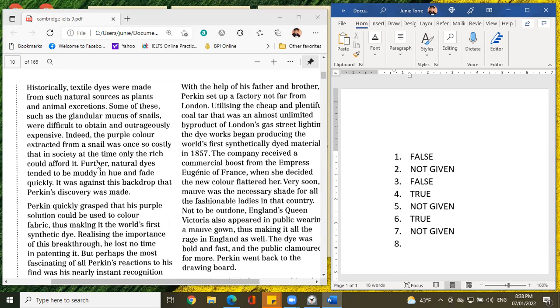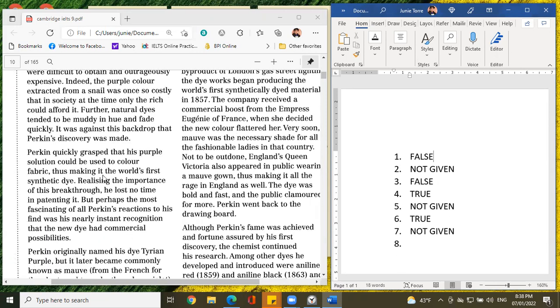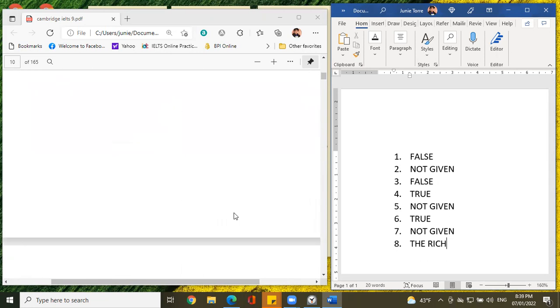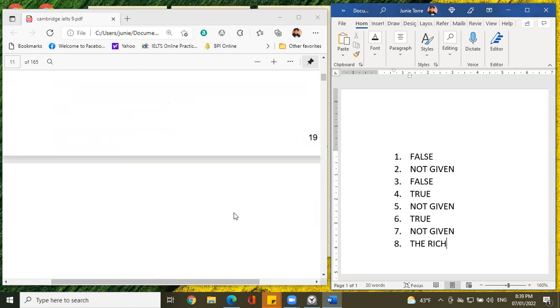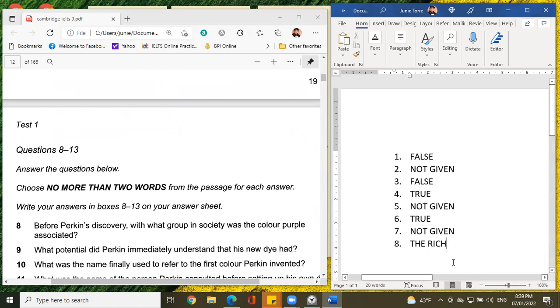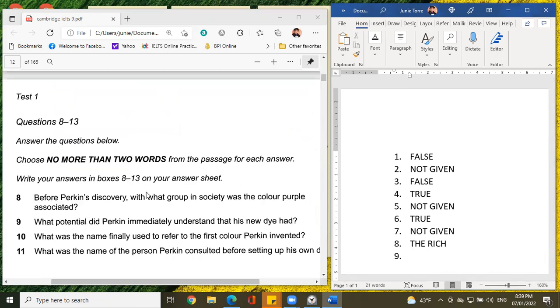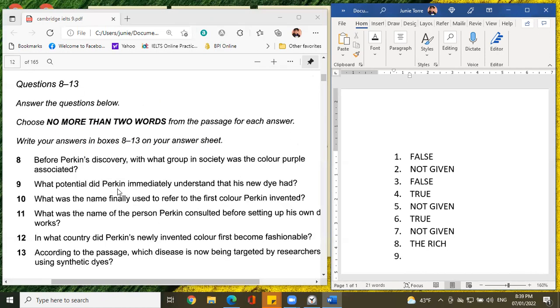The rich, guys. How many words is that? No more than 2 words. So, the rich. Next. What potential did Perkin immediately understand that this new dye had?